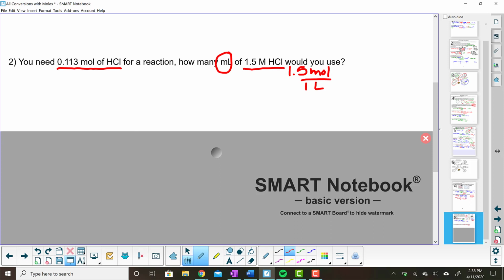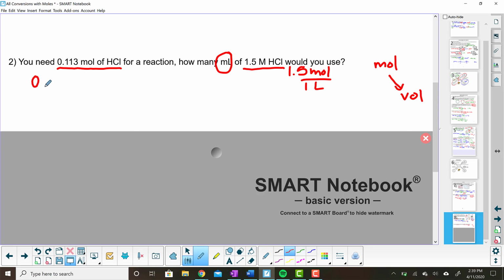So looks like I have moles. I need to get to volume. If we are looking at the mole map, moles is in the middle, volume is down here. So it looks like I need to go from the middle to volume, which means I'm going to start with moles.